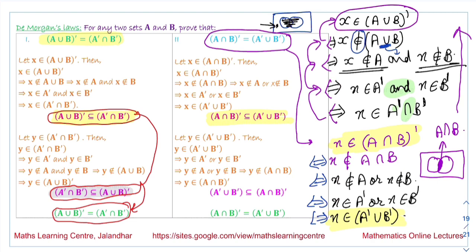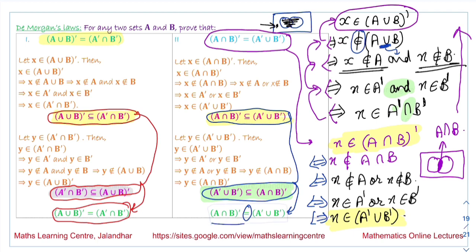And second, we obtain that A complement union B complement is a subset of (A intersection B) complement. Again, on combining both these results, we will obtain the equality over here, and the answer we get is that both these sets are equal to each other. And these two laws are called De Morgan's laws.